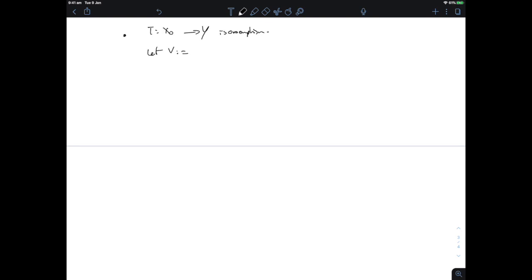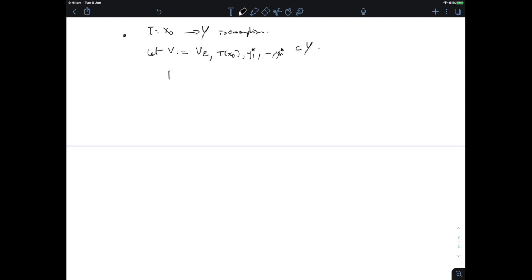So I take a V that is of the form V epsilon, T of x0, y1 star, ..., yn star. Right, that's a neighborhood inside of Y. And I can do that. An arbitrary neighborhood inside of Y will be centered at a point of the form T of x0 for some x0 in capital X0 because T is an isomorphism.